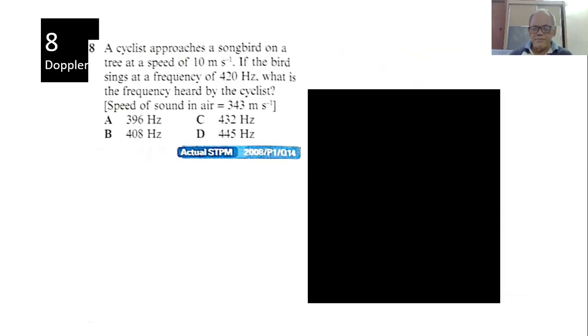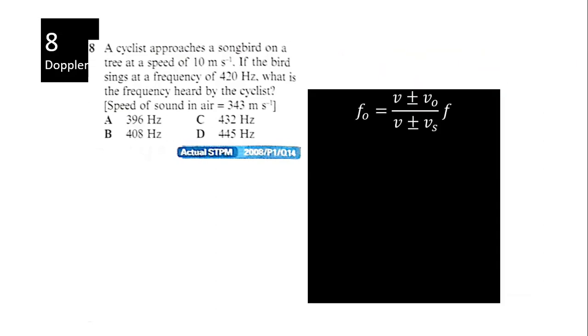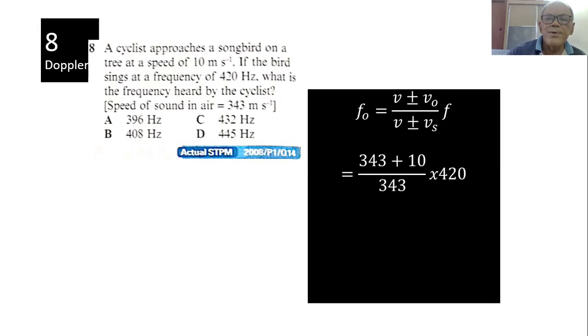We need to memorize that formula. Right? This one, the observer is the one that's moving. The sound source is not moving. Okay. So the cyclist approaches, so the observer is moving at 10 meters per second towards the sound source.